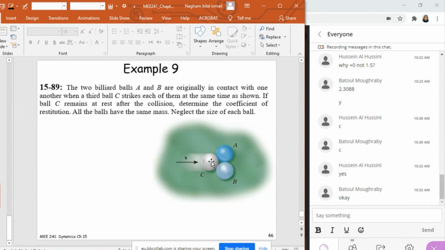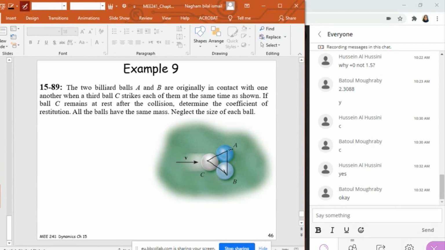If ball C remains at rest after collision, and this is what happens, guys, in billiard, right? So C remains at rest. However, A and B will move, and due to symmetry here, they will move with the same velocity. So, guys, this is an equilateral triangle. C is pushing them with a velocity of v just before collision.